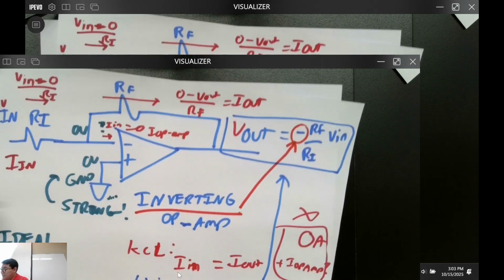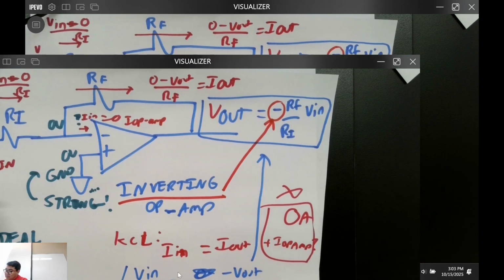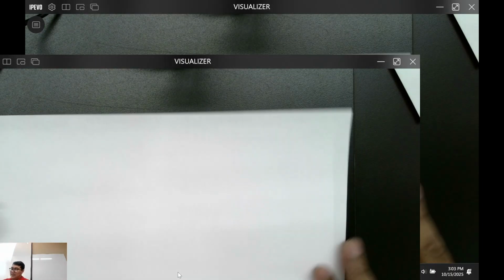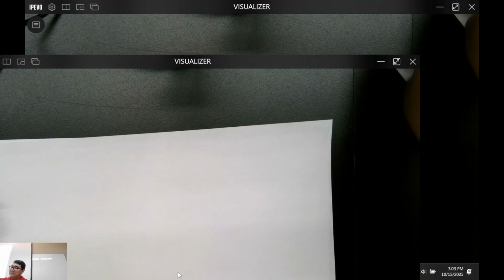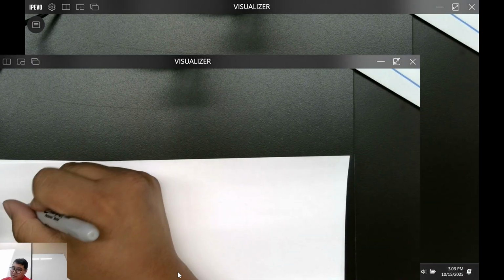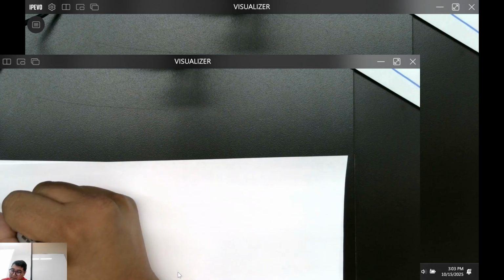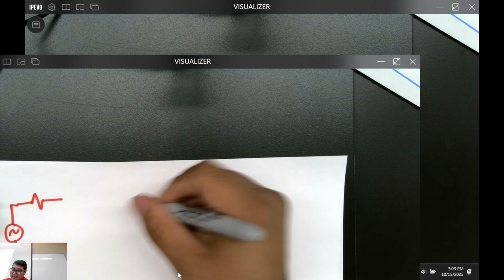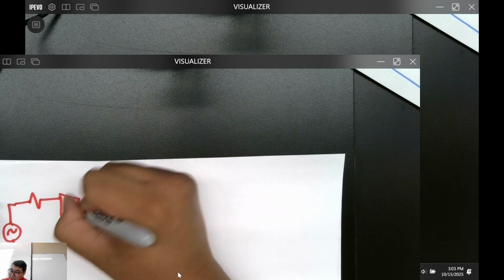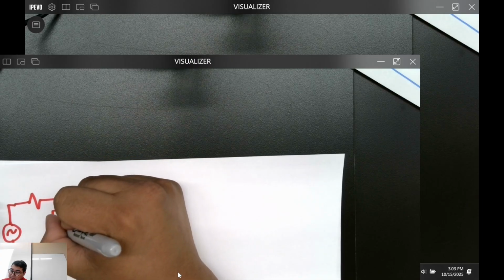All right, anyways. Let's just say I'm going to draw a really quick circuit. This is my signal, minus, plus.